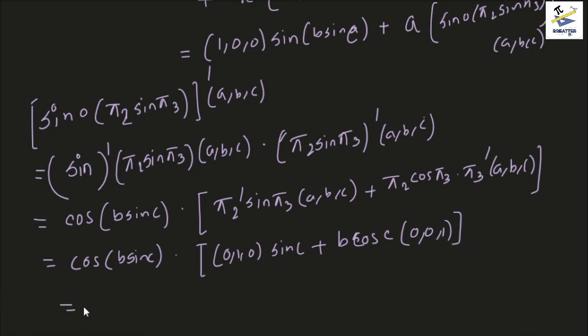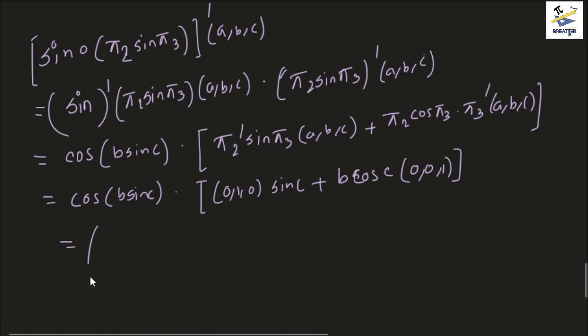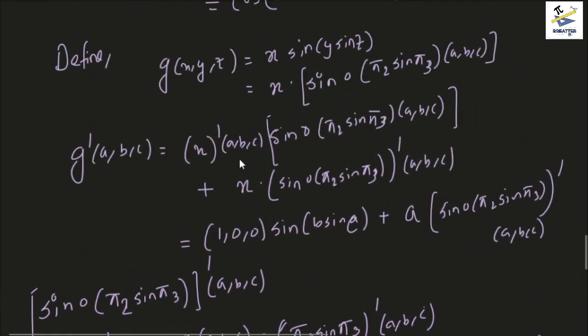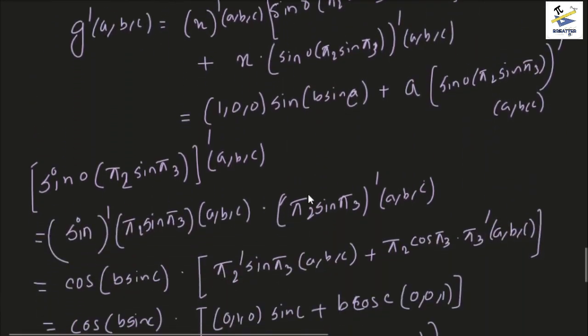So this gives us the vector 0 comma sine c into cosine of b sine c comma b cos c into cosine of b sine c. So this is what the derivative looks like.